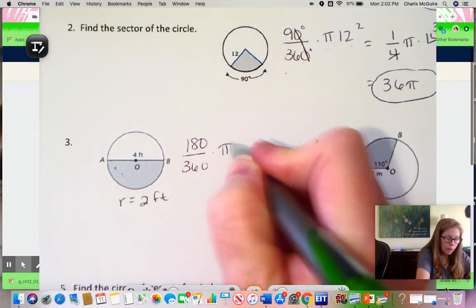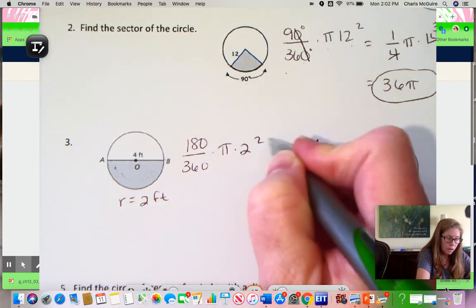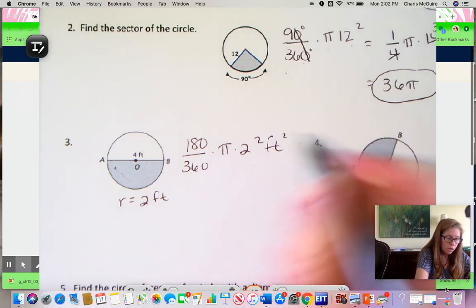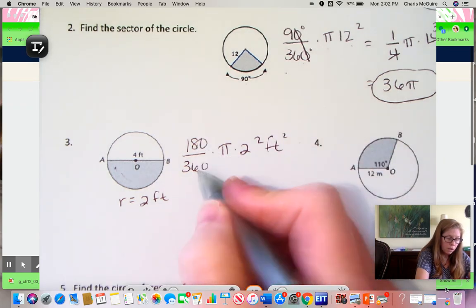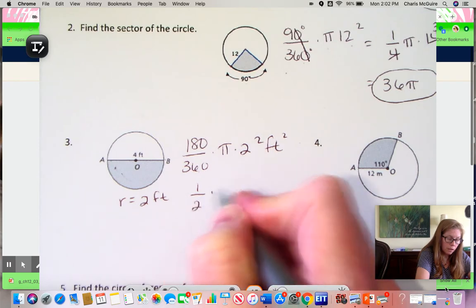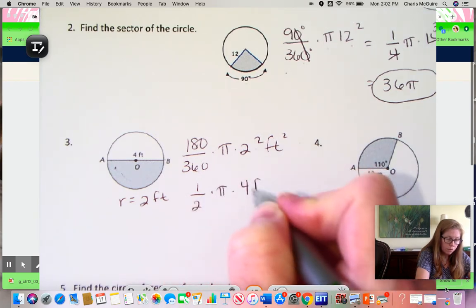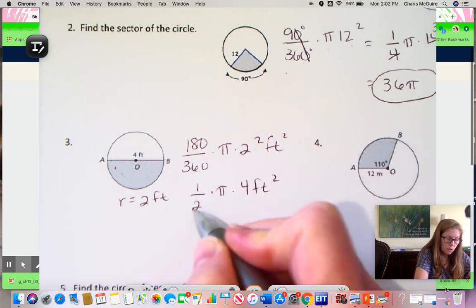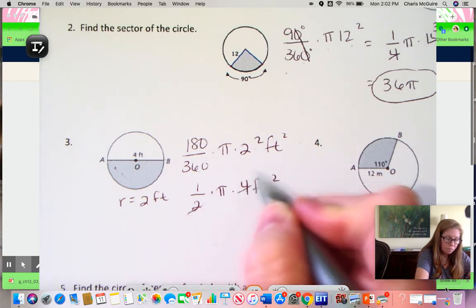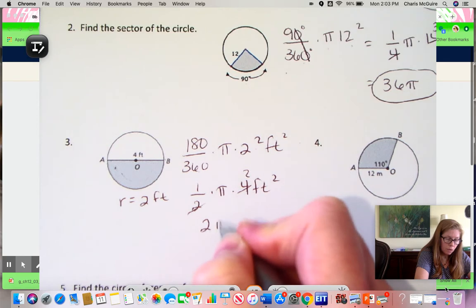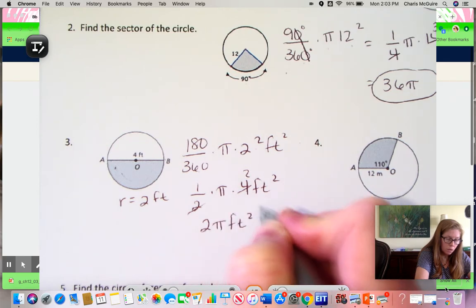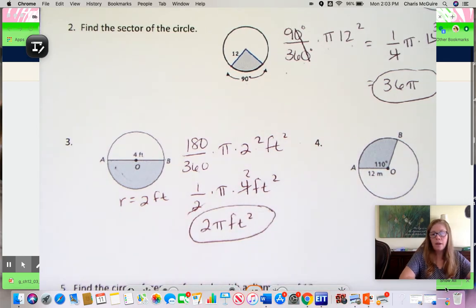So we're going to do pi and 2 squared, and these are feet, right? We're going to do feet squared. So we got 180 over 360, which is 1/2. We have the pi, and 2 squared is 4 feet squared. And 2 goes into 4 twice. So we have 2 pi feet squared. That's the area of our sector.